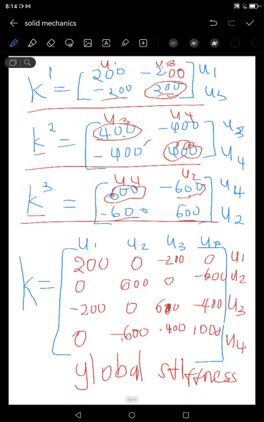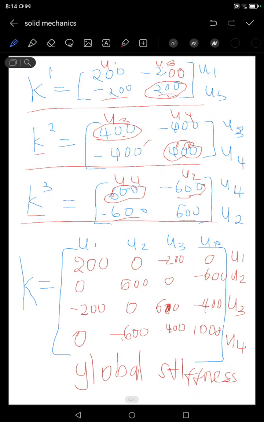Here at K, we can write the forces F1, F2, F3, F4, so that we can determine the nodal displacement. We take this global stiffness, and on the side we write F1, F2, F3, F4, and if we have the values of those forces, we substitute them.